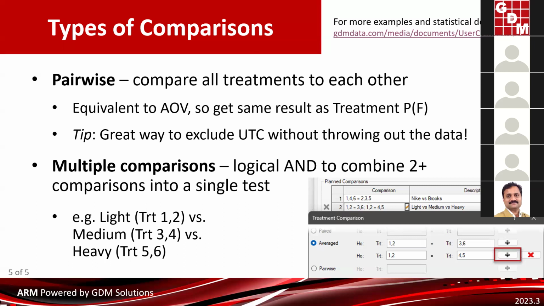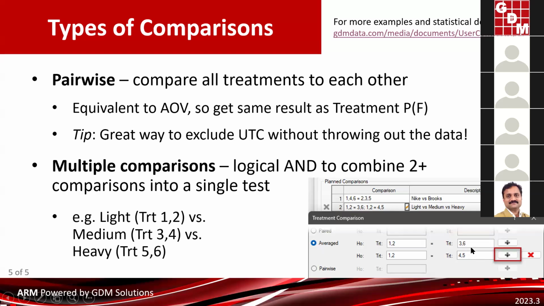So here in this example, it's the multi-factor example, where maybe I want treatments 1 and 2 to be categorized as the light version, and I want to combine those and compare them to the medium designation. Maybe it's the middle level of formulation, or rate of application, or whatever.